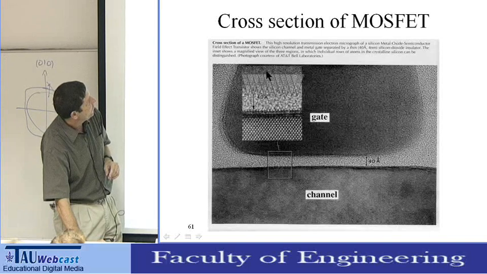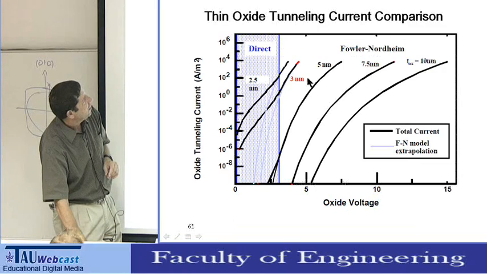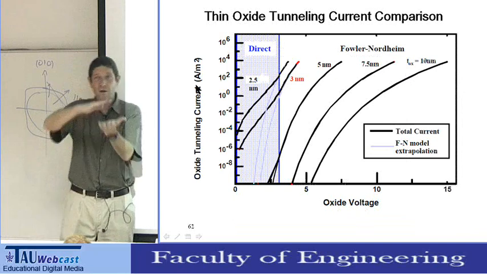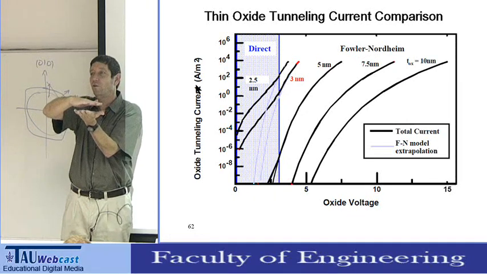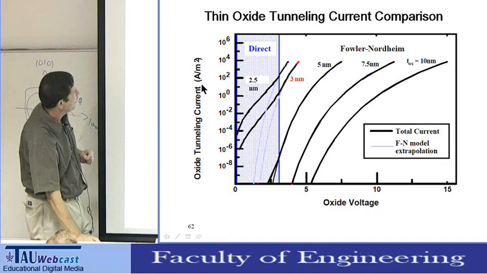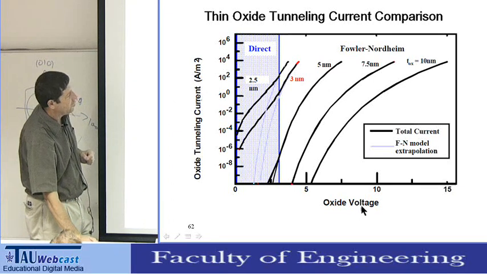This is, for example, a 40 angstrom oxide. If you take a very thin oxide and you apply voltage over the oxide.